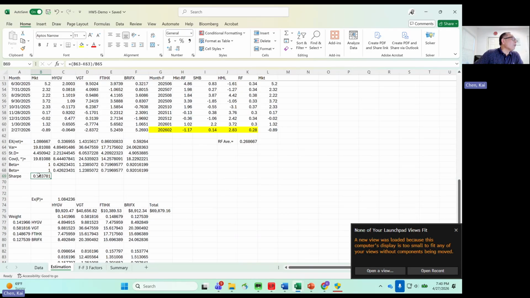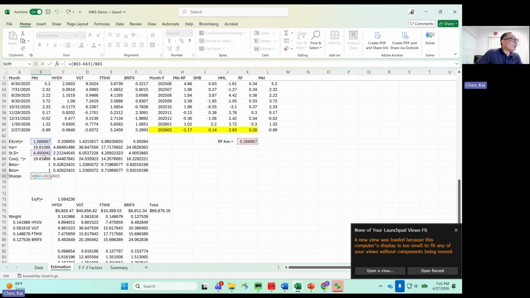Before we move on, we just double check to make sure our formula and calculation are right. We can check: B63 expected return minus K63, then divided by B65 standard deviation.